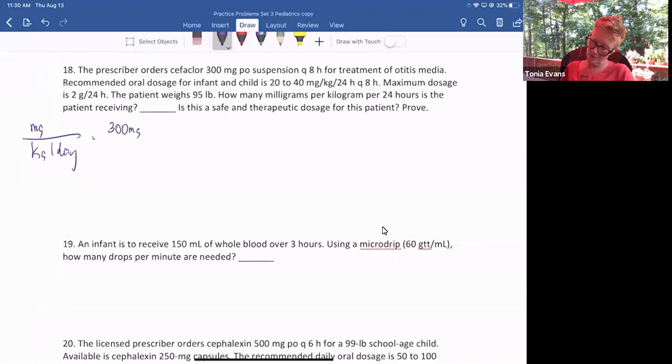We have 300 milligrams per dose. Kilograms. Gotta make sure her weight was in pounds. 2.2 pounds is per kilogram.